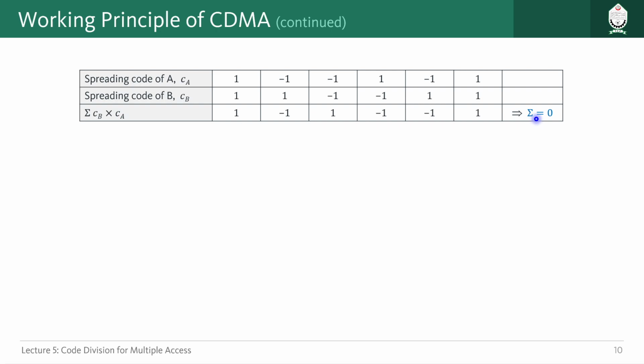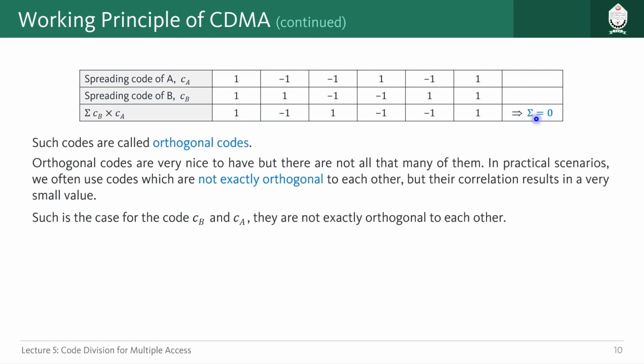So for this kind of codes, even though multiple signals are together residing in the same channel, still if we have the specific code for a specific user, we can retrieve that signal without any interference from other users. That is the idea of orthogonal codes.